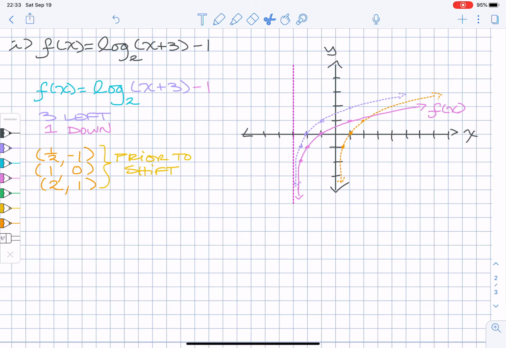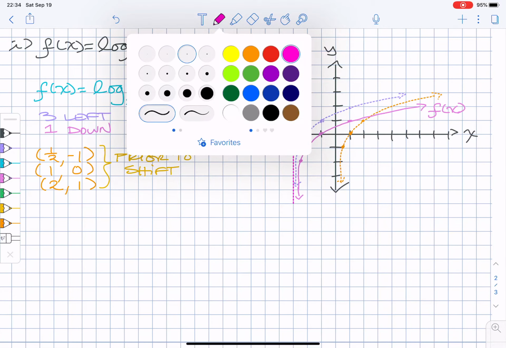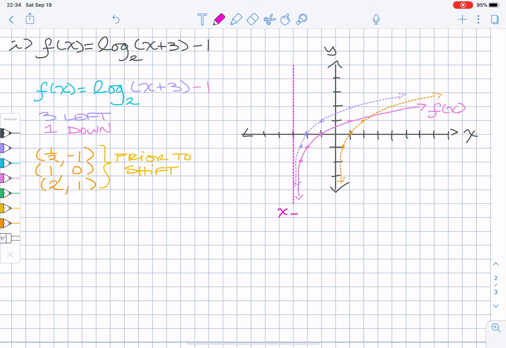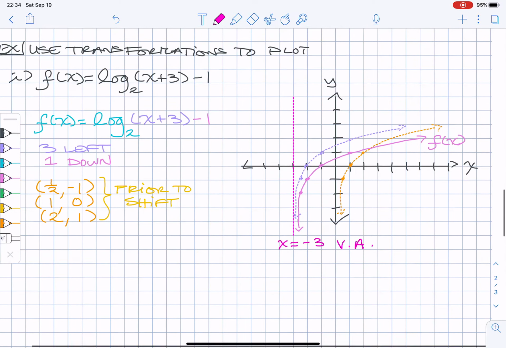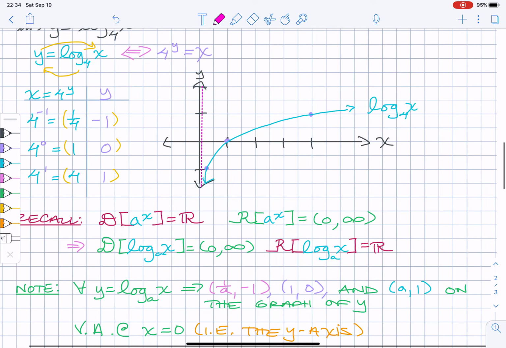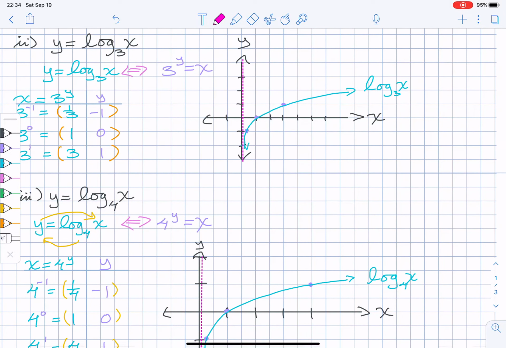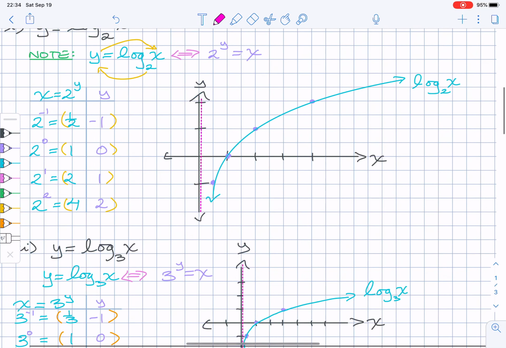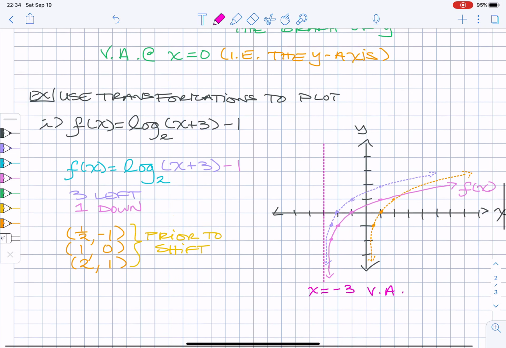Because now, with the horizontal translation, the line x equals -3 is the vertical asymptote, whereas before, the vertical asymptote was at x equals 0. Okay. Let's do another one.